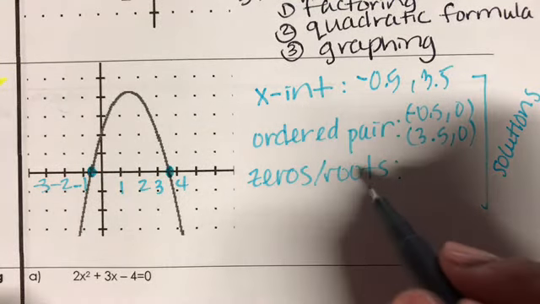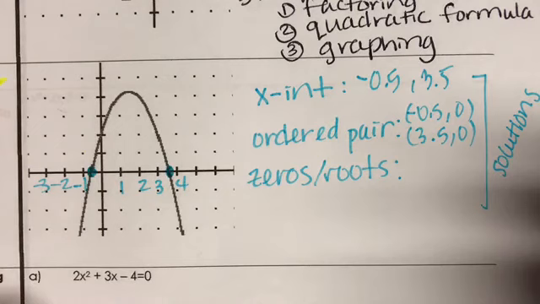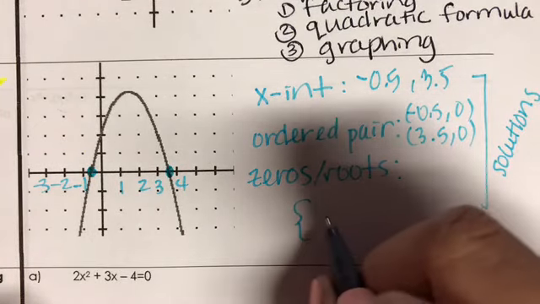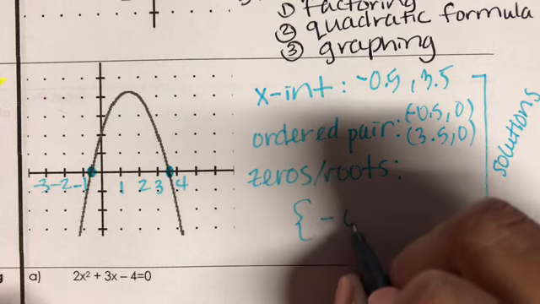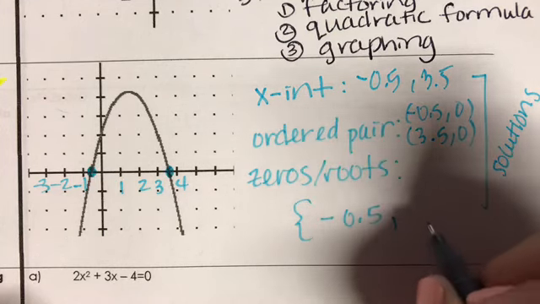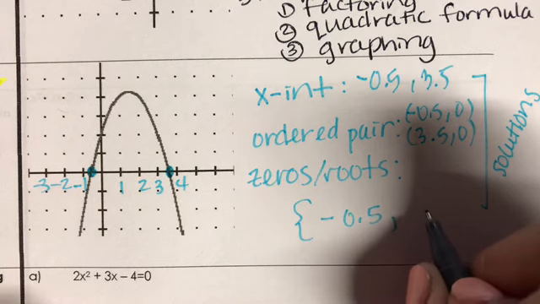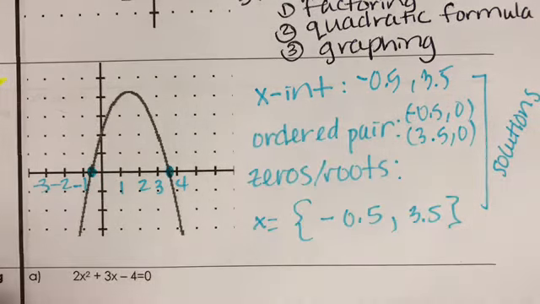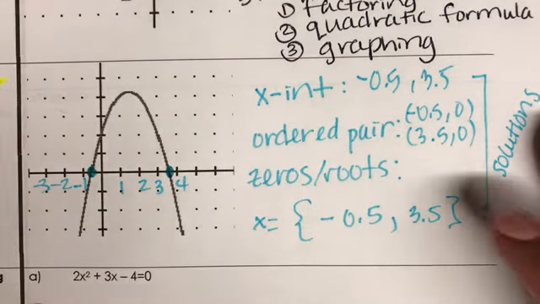And then this is all redundant. Roots and zeros are the same thing. So you could basically say -0.5 and 3.5 in a set. Those are all solutions.